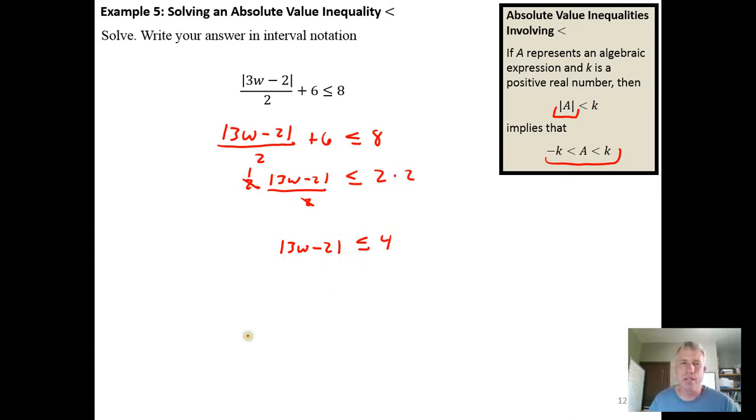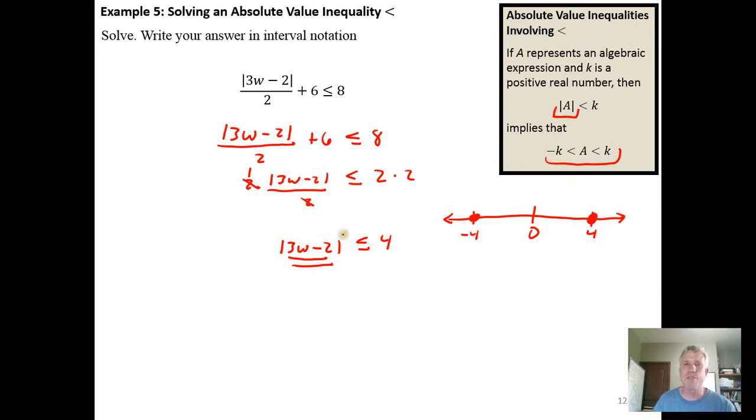Before I continue in the solution process, let's just talk about what this means. This means that if I'm on a real number line, the algebraic expression 3w minus 2 has to be less than or equal to 4 units away from 0. So if here's 4 and negative 4, and I have an equal to, I'm going to put a solid dot and a solid dot.